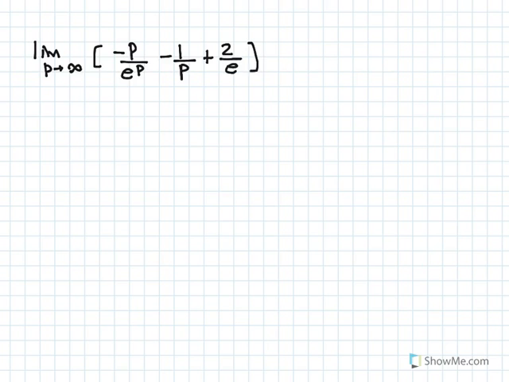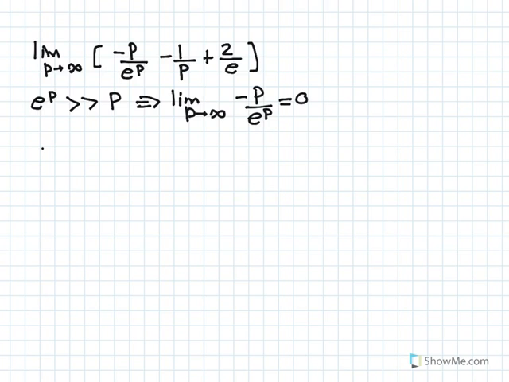All right, so let's review that. Limit, p approaches infinity, minus p divided by e to the p, minus 1 over e to the p, plus 2 over e. Now, we know that the exponential function, e to the p, is much larger than p. It grows much faster. For this reason, the limit as p approaches infinity of minus p divided by e to the p is equal to 0.